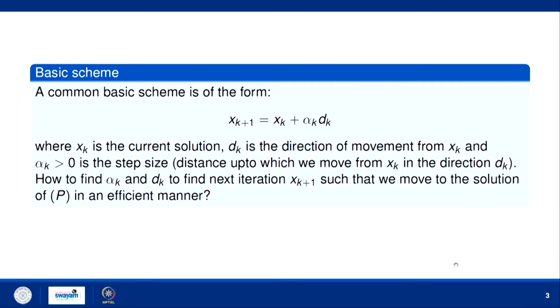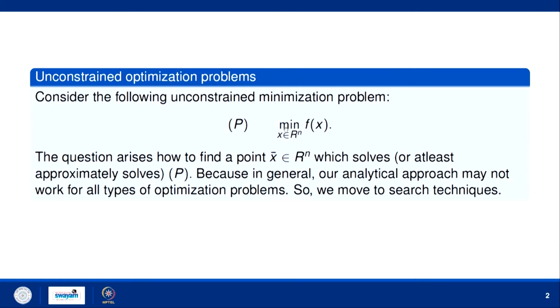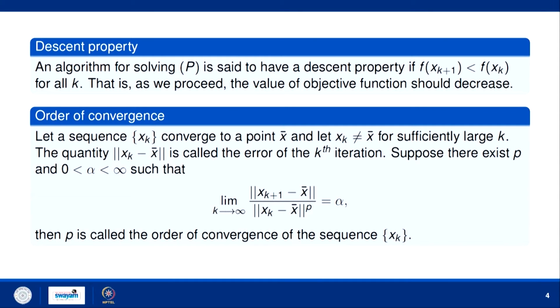If we have a minimization type problem, as we have discussed here, then we have the descent property. What is the descent property? If we are moving from a current solution x k to x k plus 1 such that the value of f at x k plus 1 is less than the value of f at x k, that means we are going in a descent direction.